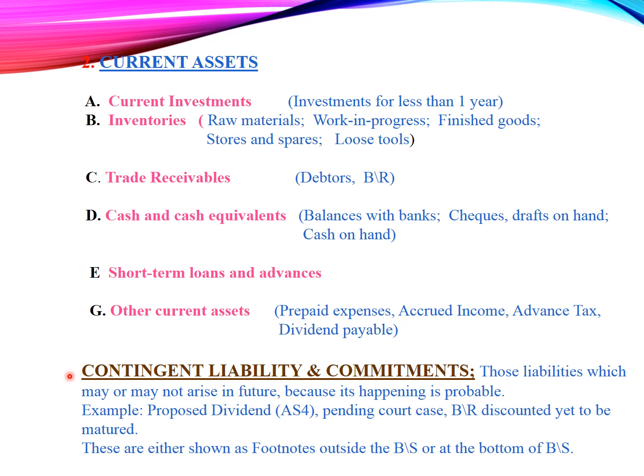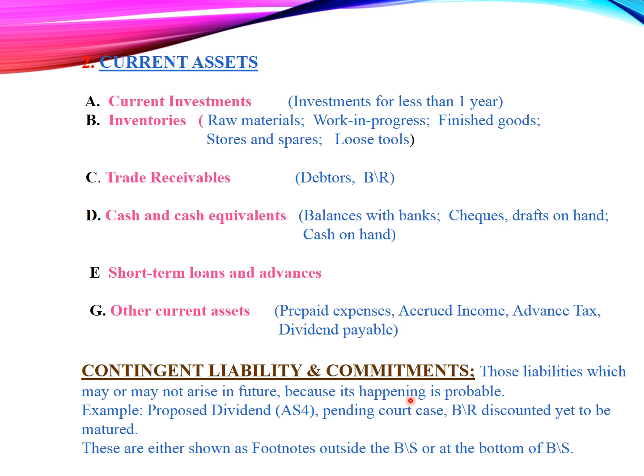These items are those liabilities which may or may not arise in the future, because there is a probability that this liability may arise or may not arise. Means those liabilities whose status is not yet clear to us when you are closing the balance sheet. In the future they may become our liabilities, and maybe they may not become our liabilities.